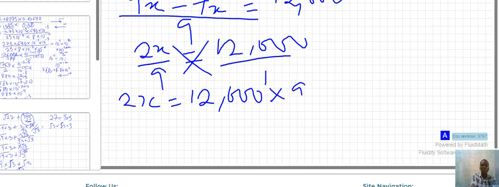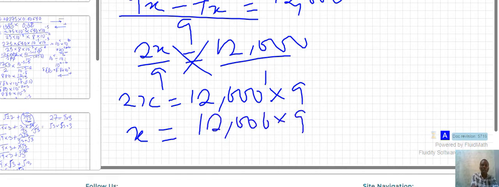12,000 times 9. So our x will now be equal to 12,000 times 9 divided by 2.